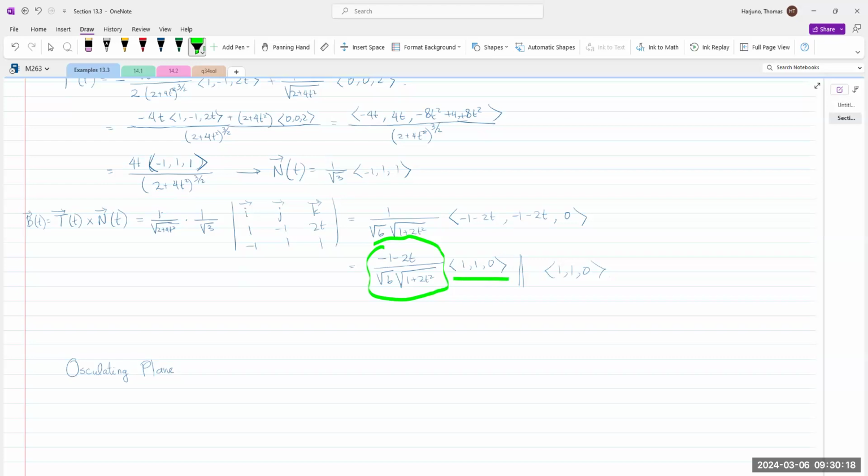Does it make sense? But at the same time, it has to be unit length, because the binormal is unit length. So don't you think it's supposed to be the binormal? I put a question mark here because I question myself right now. So this is (1, 1, 0) over square root of 2. Is it right?